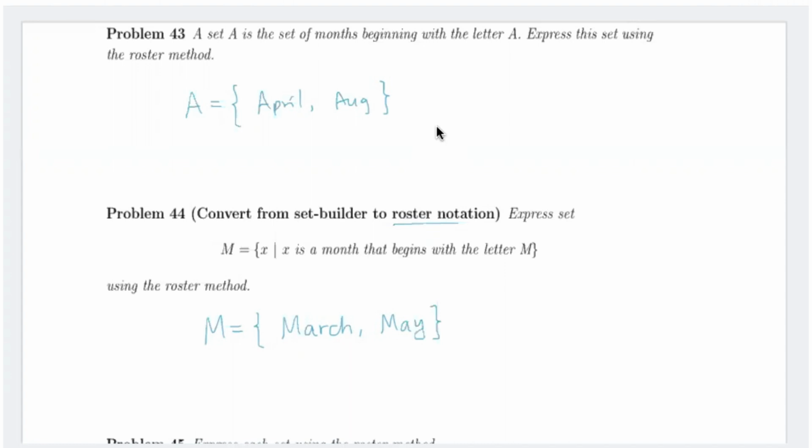So I want you to continue. Do problem 45. It has 3 parts. Go ahead and try. That is the bottom of the page. Continue.